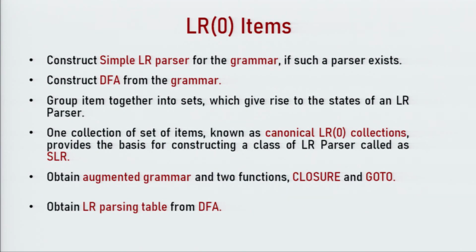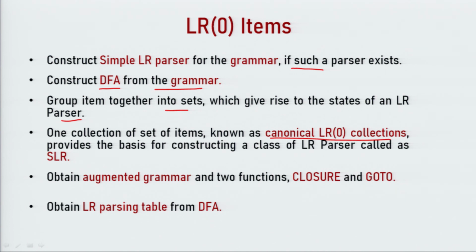Here we construct a simple LR parser for a grammar, if such a parser exists. We construct a DFA for the grammar, and group items together into sets which give rise to the states of an LR parser. This collection of sets of items is known as the canonical LR0 collection.